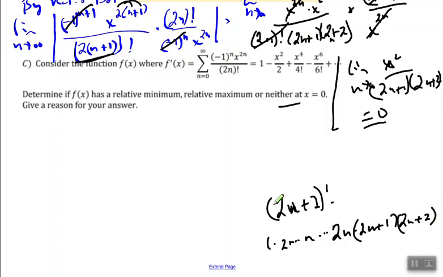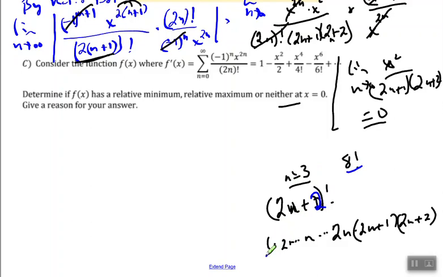So if you think about it, let n be 3. This really is 8 factorial when n is 3. So I have 1 times 2 times 3, so if I have 3, that's really like 8 factorial. And we're looking at what is 2n plus 2 factorial.